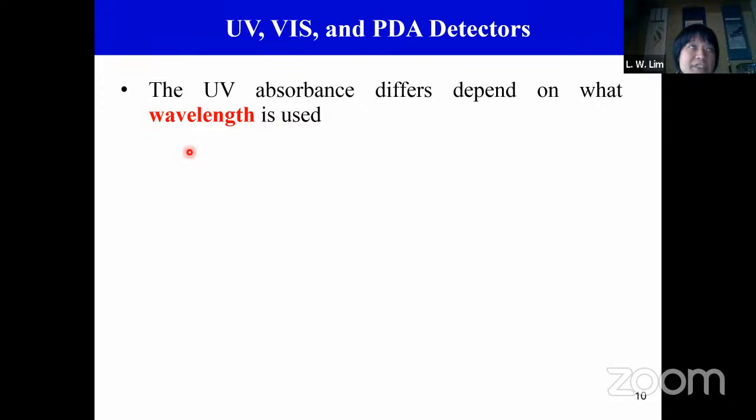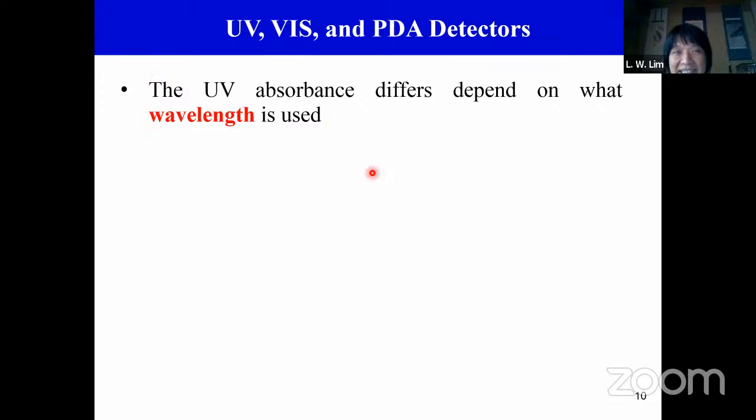You have to set the wavelength based on the sample's absorbance range. For example, if your sample has a hydroxyl group or benzene group, something like that, this kind of sample will have very high UV absorbance, so you can use a UV detector. So look for a chromophore.